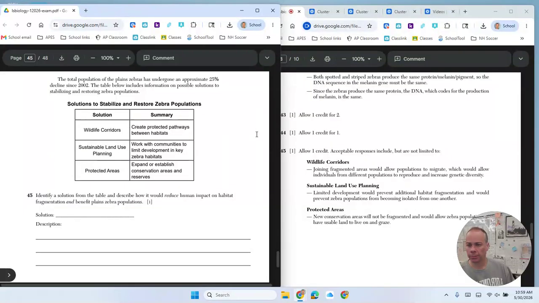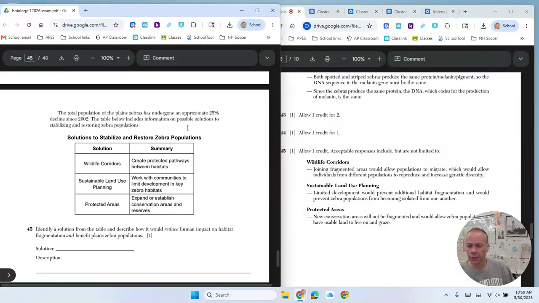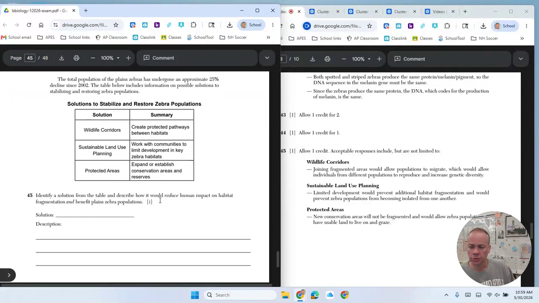Okay, now we finish up here. The last question talks about how the zebra population has been in decline, and there are some possible solutions: creating wildlife corridors, using sustainable land use planning, protecting areas, and a little summary of what those things mean. So your task for 45 is to identify one of those.